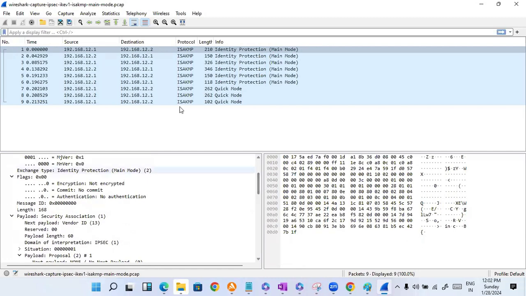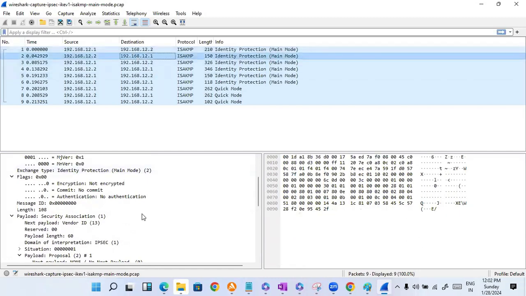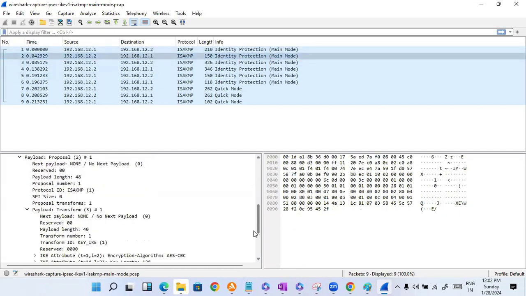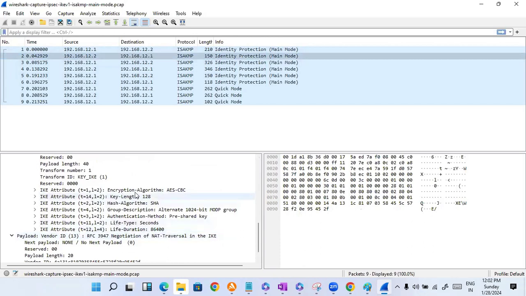And in the next message, you can see the second device has responded with the attributes. Also this is the algorithm for AES, the key length and SHA.